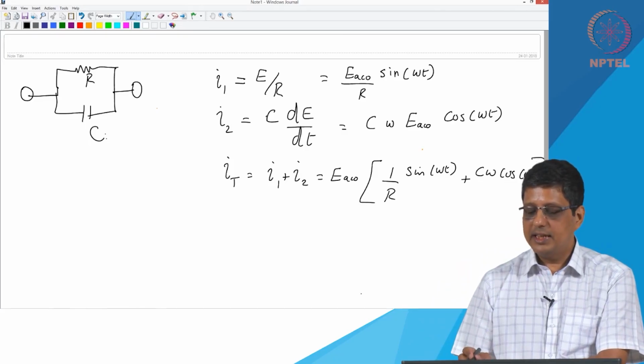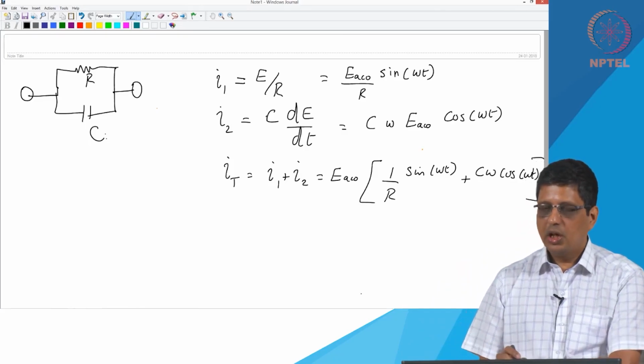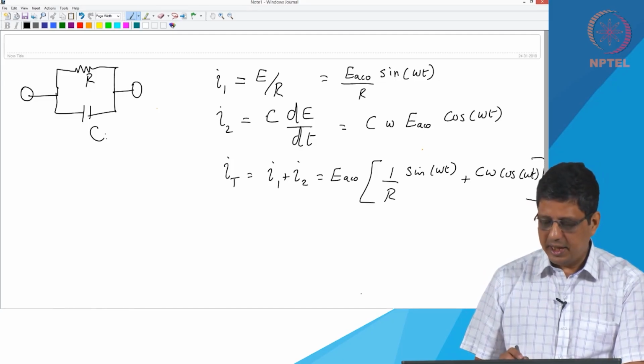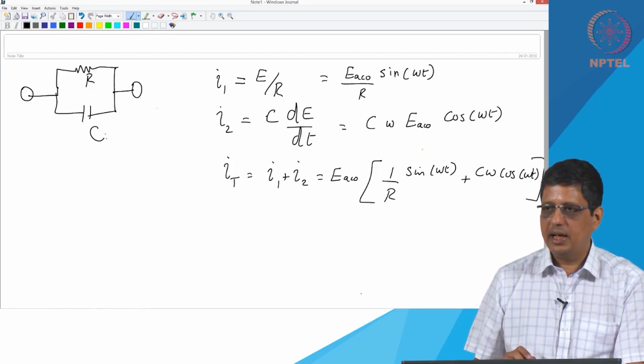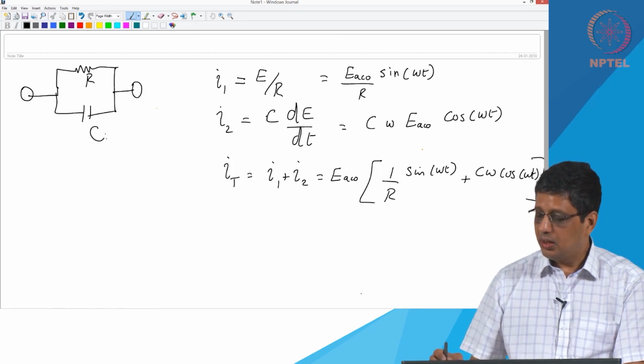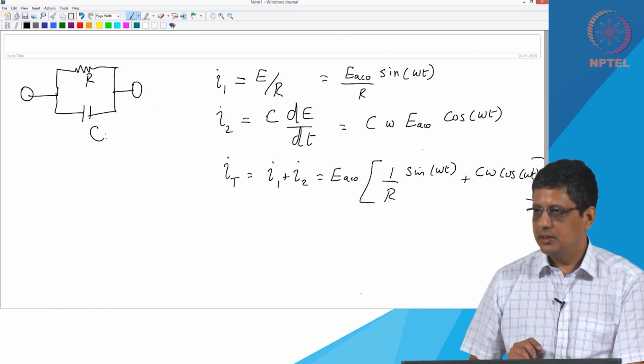I am just taking the EAC 0 outside this equation. Now, look at this, the magnitude of the impedance is going to be EAC 0 by IAC 0. That is going to be 1 by r plus c omega.